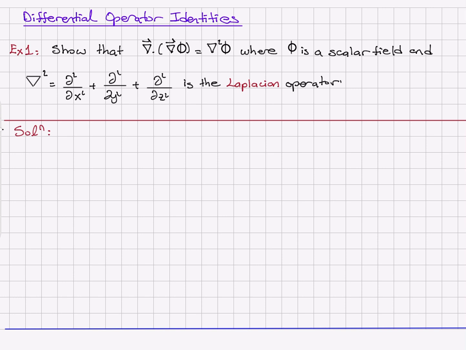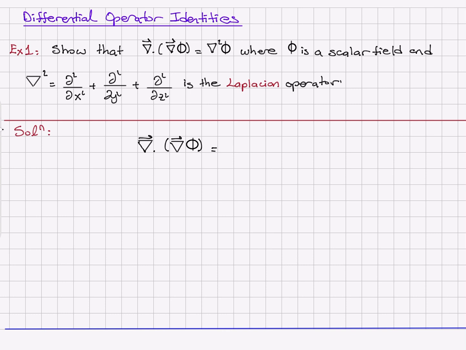So let's take a look at the divergence of the gradient using subscript summation notation. So we have the del operator dot product with the gradient operator. So here's our scalar field phi. That means we're taking the ith component of each of these vectors.